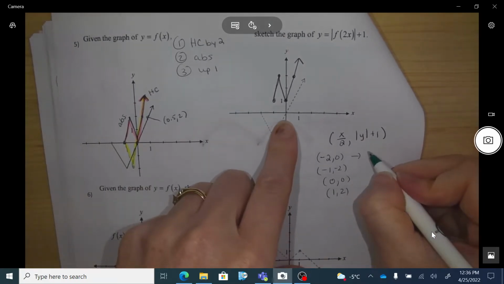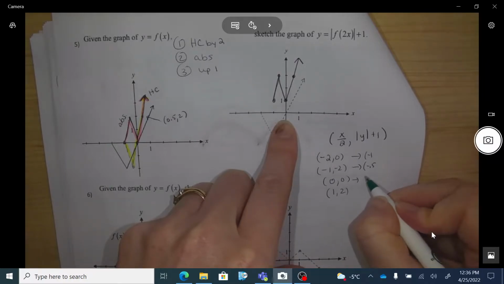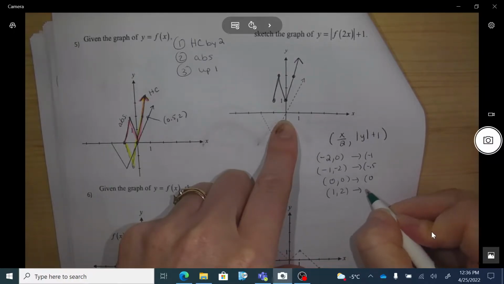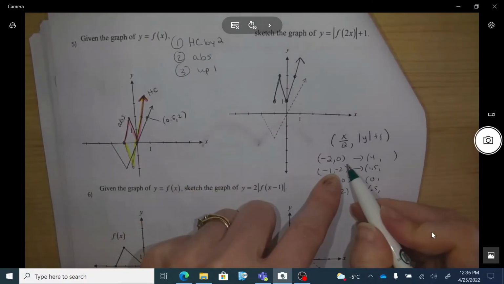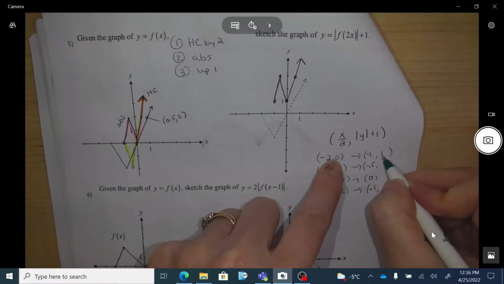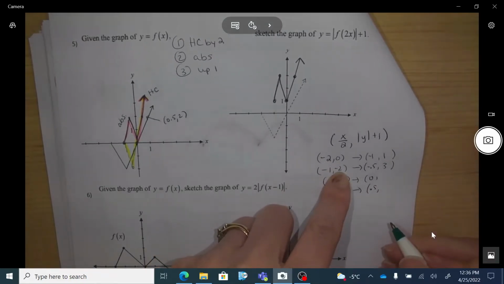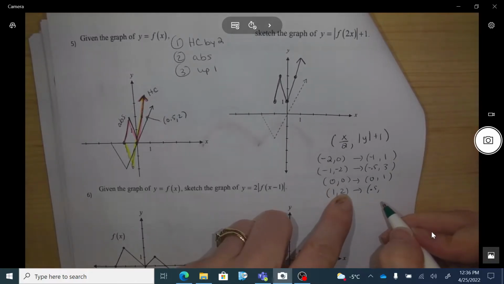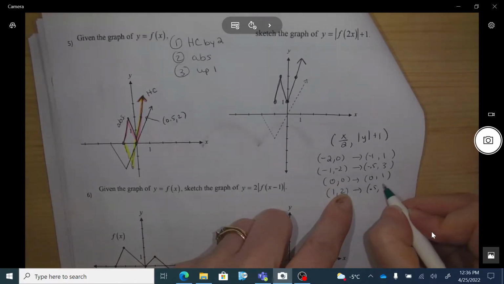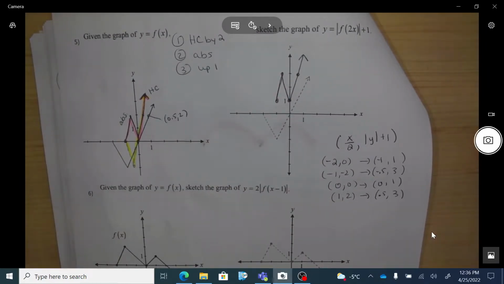So this would turn into -1, -1/2, 0, and 1/2. And then the absolute of that, plus 1: the absolute of that is 2, so that would go to 3. Absolute is 0 plus 1. Absolute of that is 2, turning it into 3. And then you can see how they match as well.